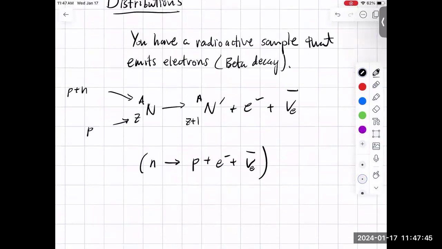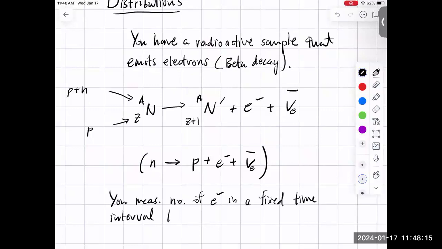So what we're going to do is sit there beside our radioactive sample, and count the number of electrons that are emitted during some fixed time interval. So maybe every 10 seconds, we count the number of electrons that are emitted. So you measure the number of electrons in a fixed time interval to determine the beta decay rate.